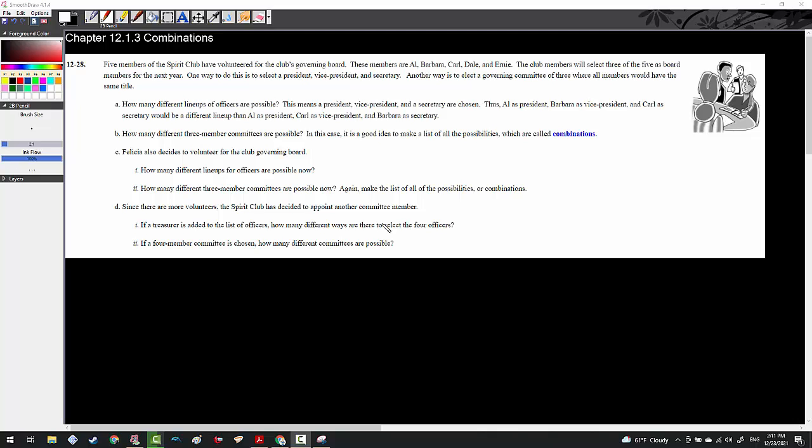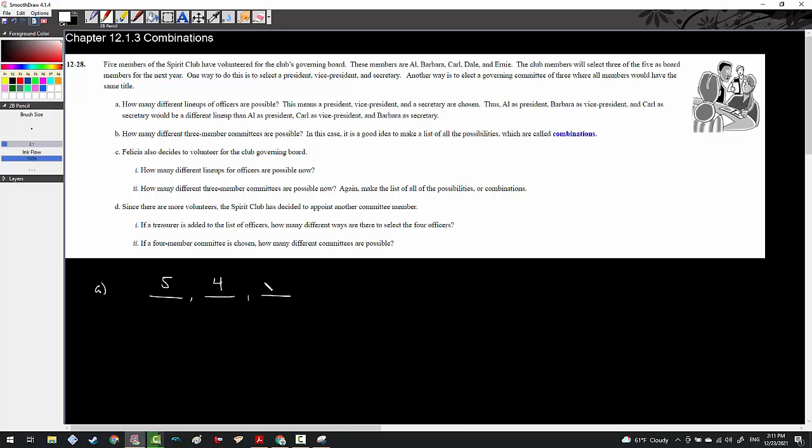It says, how many different lineups of officers are possible? That means president, vice president, and secretary are chosen. So Al as president, Barbara as vice president, and Carl as secretary would be different than Al as president, Carl as vice president, and Barbara as secretary. Of the 3, I could choose any one of the 5 to become president.